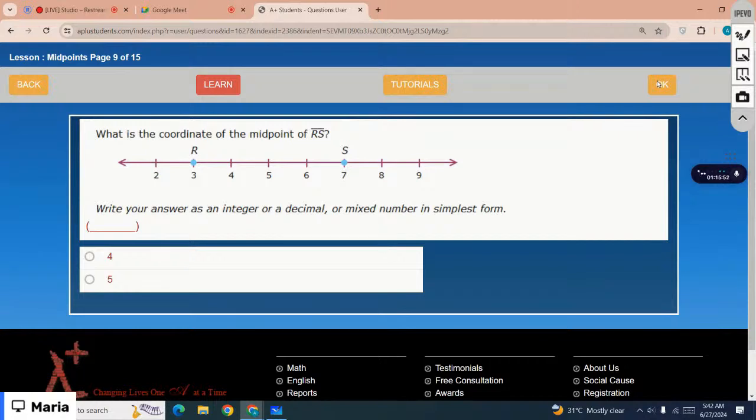What is the coordinate of the midpoint of RS, which is the correct option?